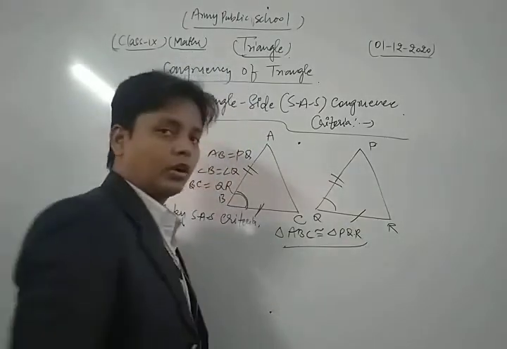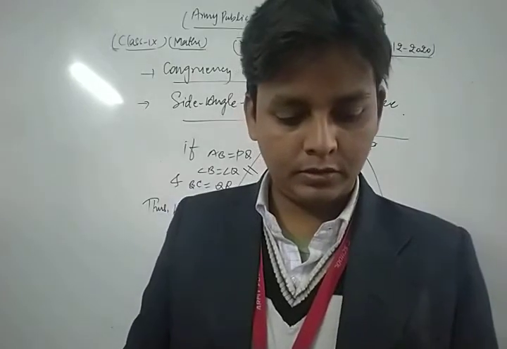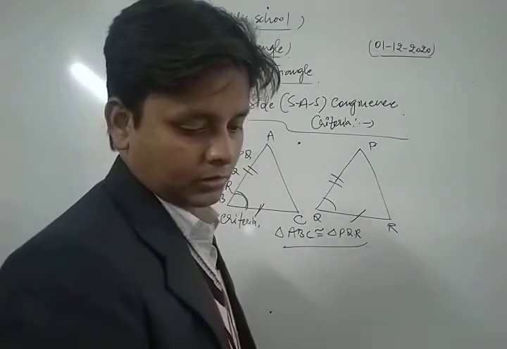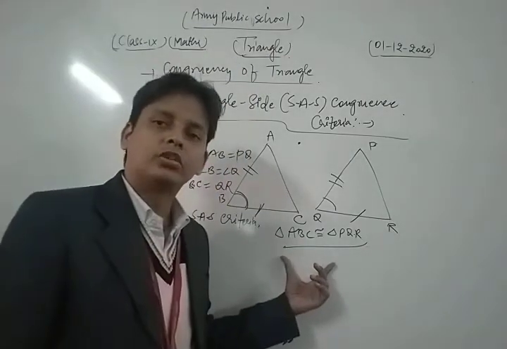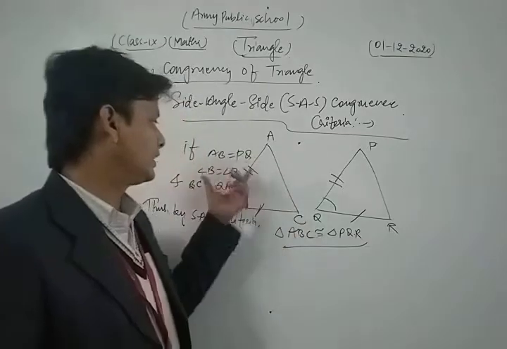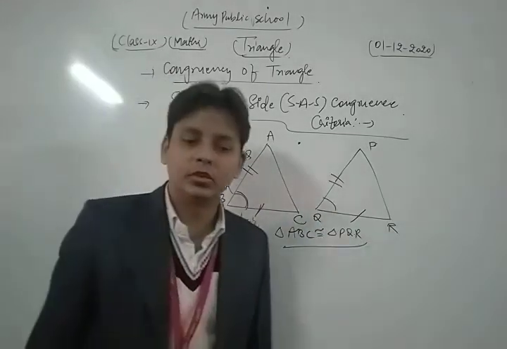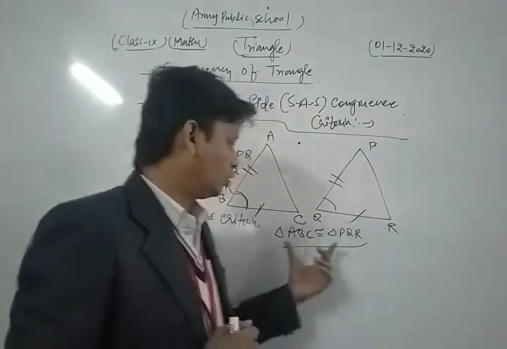This is the concept of the SAS congruence criterion: two corresponding sides and the angle included between them are equal, and thus the triangles are congruent to each other.